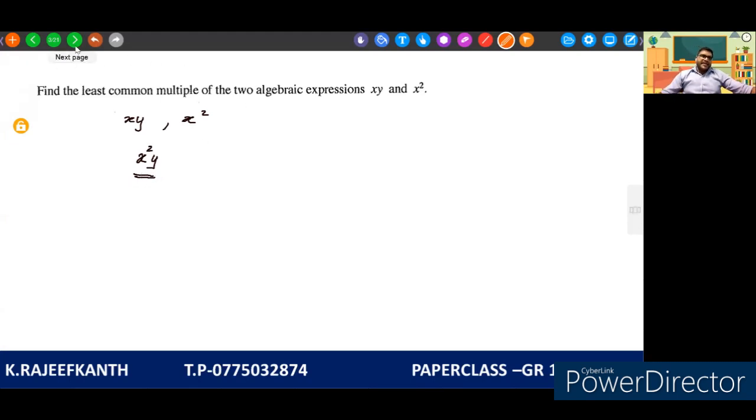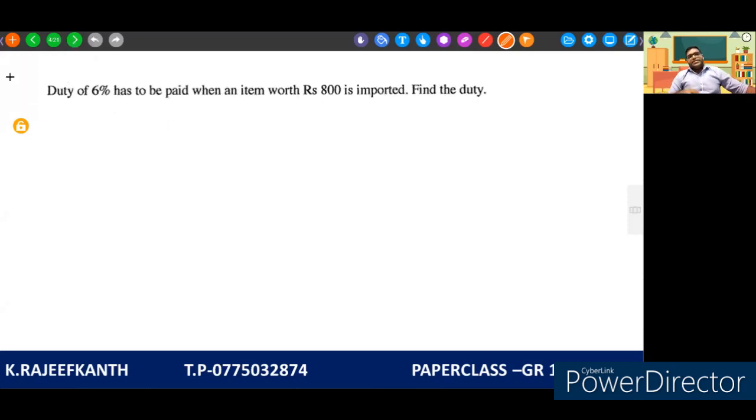Right? Then question number 3. Duty of 6% has to be paid when an item worth rupees 800 is imported.